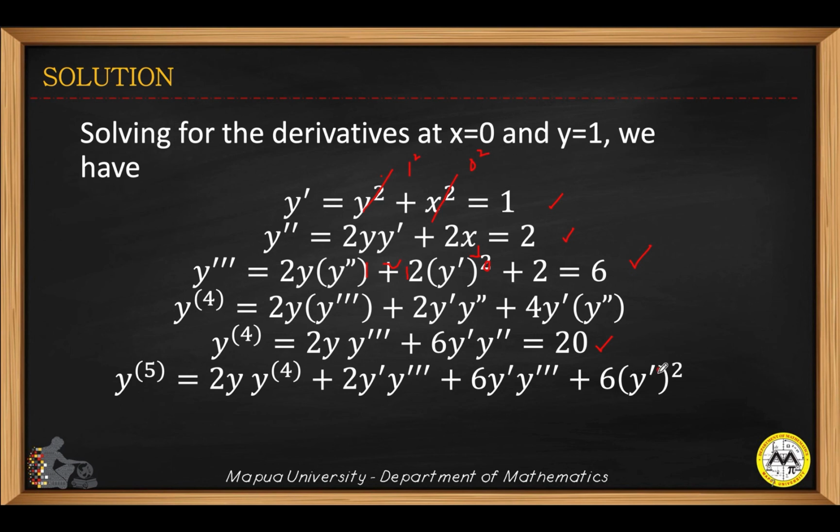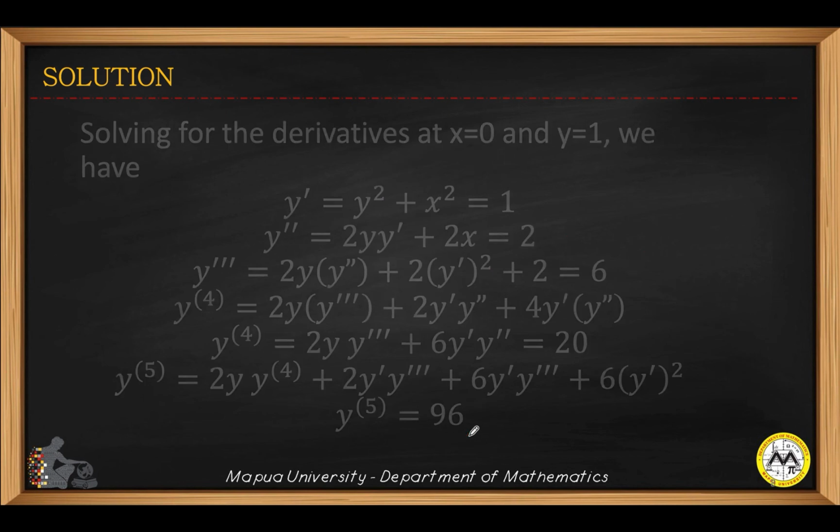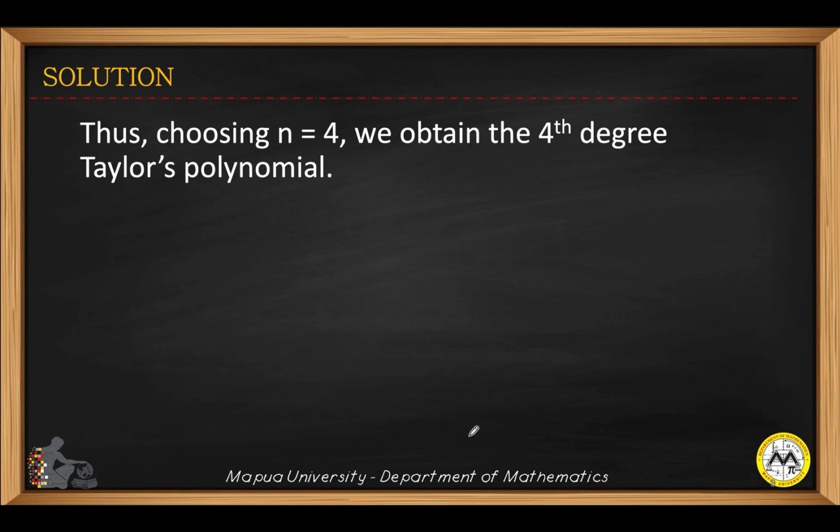So you should have y double prime here. And then substitute the values. You should obtain 96. So that's choosing n equals 4.